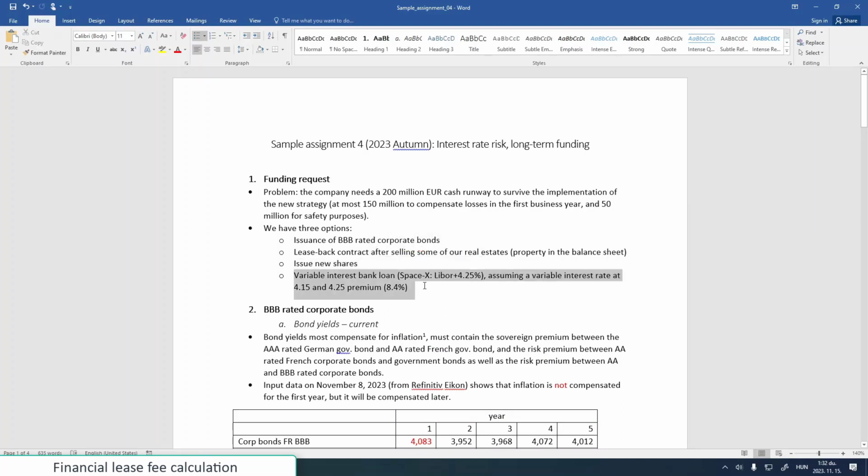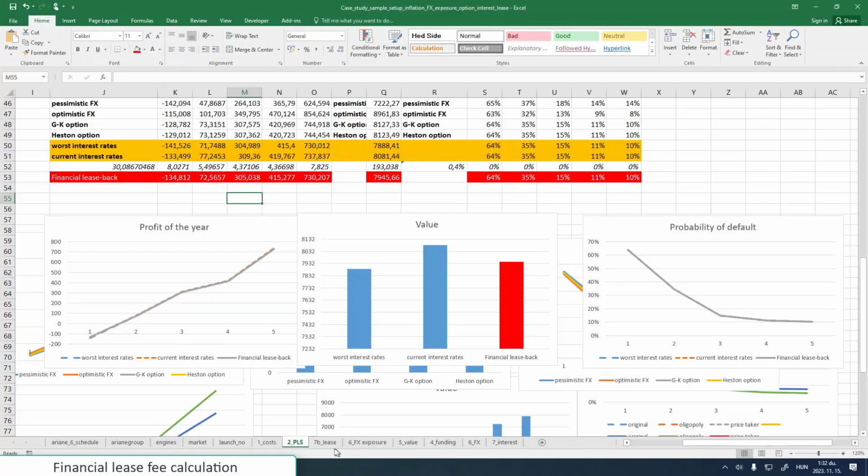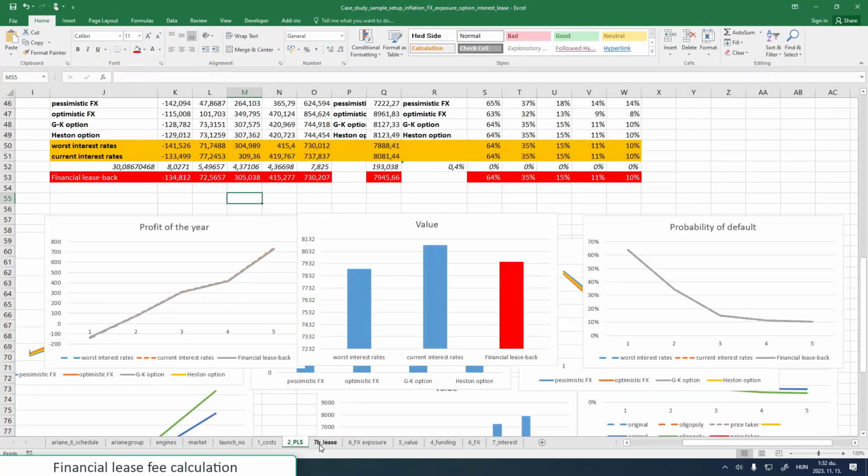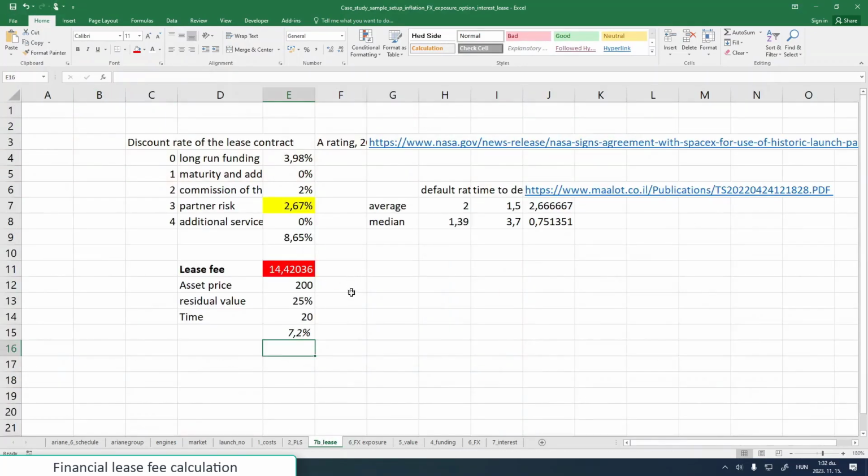Maybe we will delete this, because we can say that 8.4% of funding costs. Yeah, so even the lease is cheaper than this one. But it will be really easy to test, because we just have to add it to the interest payment. Okay, so that's all for today.